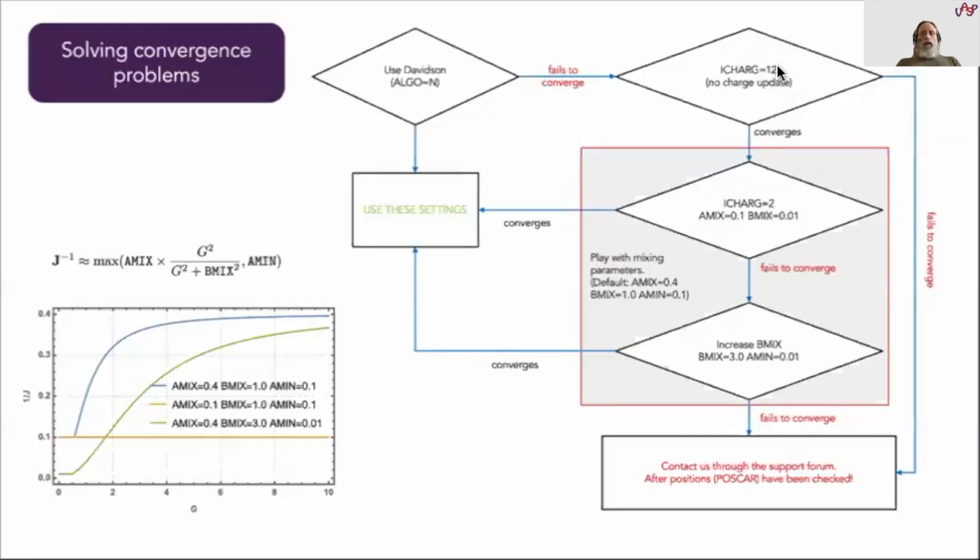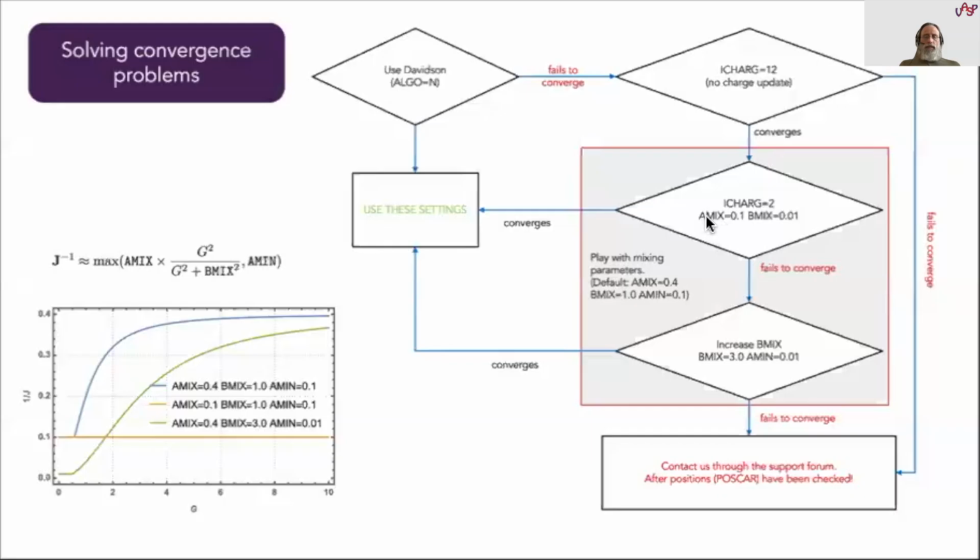If fixing the charge density solves the problem of convergence, then obviously the problem has something to do with the performance of the mixer. So we switch back to ICHARG 2, which means start from atomic charge densities, but let the mixer work. And we try different settings for the mixing parameters.